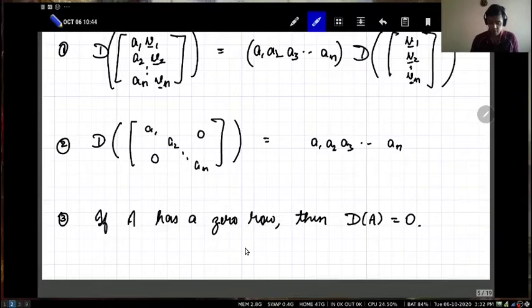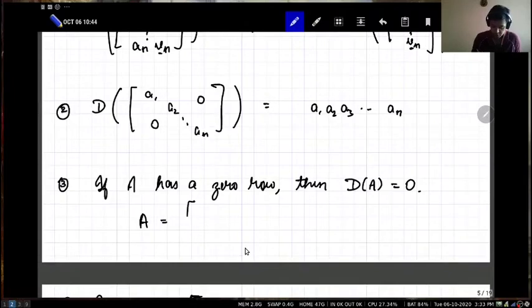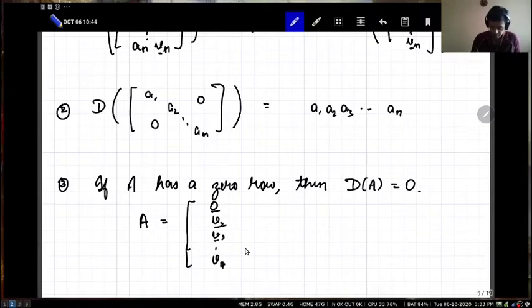Right. So if A has a 0 row, then let's suppose, without loss of generality, that the first row is 0. So A is the 0 vector, followed by v2, v3 up to vn.